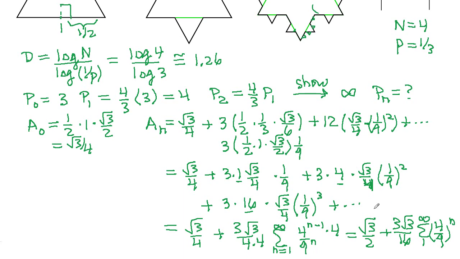And then that's a geometric series. So we can do 1 over 1 minus r for that, and then get an actual area. So what you're showing in the homework, though, is that perimeter is going to infinity.